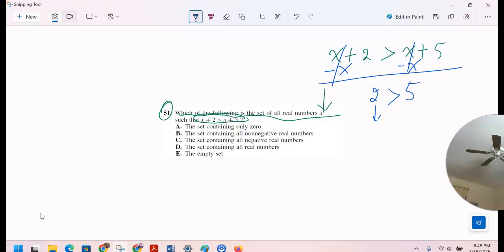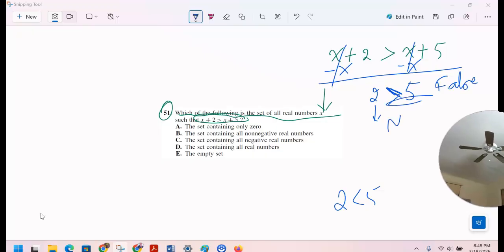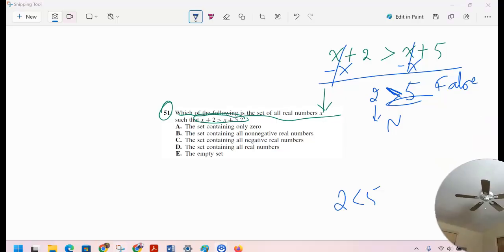And 2 cannot be greater than 5 because 2 is less than 5. So this is false, and because this is false, there is no solution. So of course the answer is the empty set. No value of x will make this inequality true.